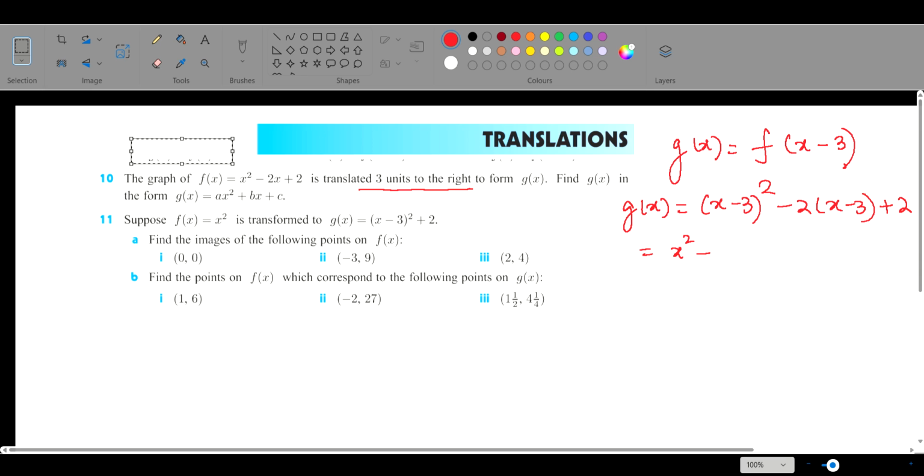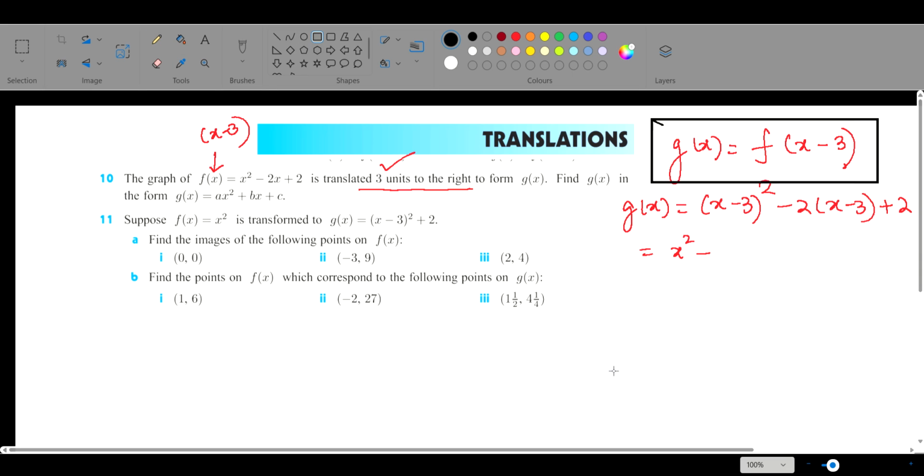So I am replacing the x of f with x minus 3, because my g function is formed by the translation of 3 units to the right. So my g(x) is actually f(x minus 3).